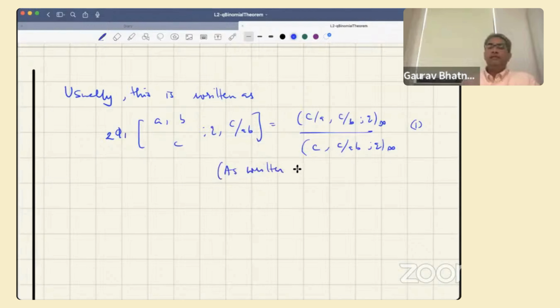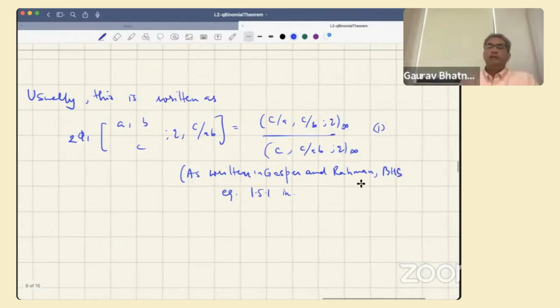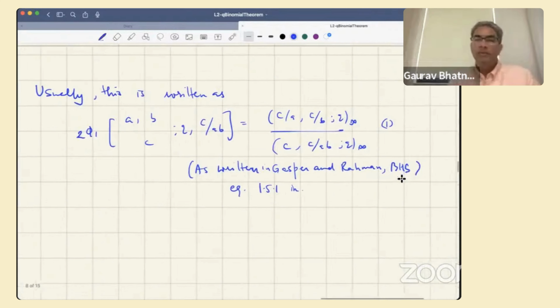So the other reference, which is kind of like the Bible in this area, is Gasper and Rahman, Basic Hypergeometric Series. And this is equation 1.5.1 in this book. So this was in 1990, and then a second edition came out, I'm not sure when. I'll give the reference in the notes. So this is how it's usually written.